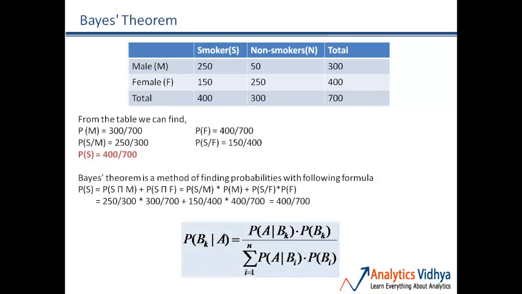Let's generalize this Bayes' theorem. We say that P of event Bk happening, given that A has already happened, is equal to P(A intersection Bk), which can be given by this formula as well from conditional probabilities, divided by P(A). And P(A) can be given as a summation of P(A|Bi) times P(Bi), i from 1 to n.